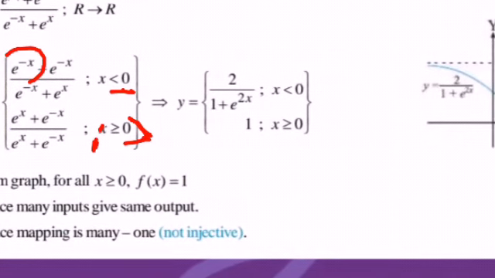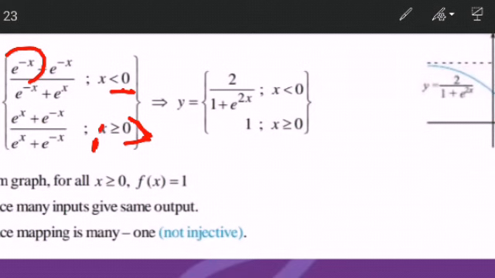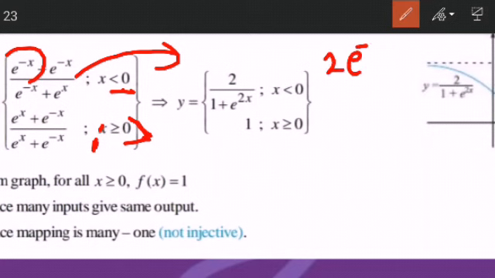Here e to power minus x you can say 1 upon e to power x, so we can write 2 e to power minus x upon e to power minus x plus e to power x.